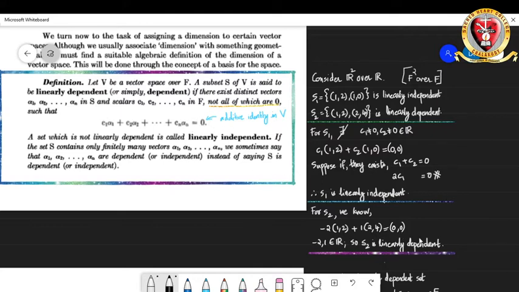That means it is linearly dependent. In the earlier case, in S1, we could not find such C1, C2, and the equation was not satisfied, so we said that it is linearly independent. Here it is linearly dependent. That's how linearly dependent and independent sets are defined.